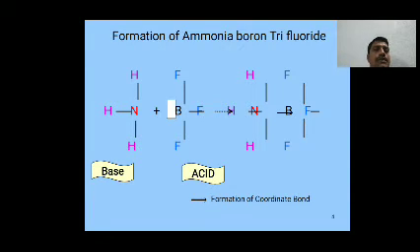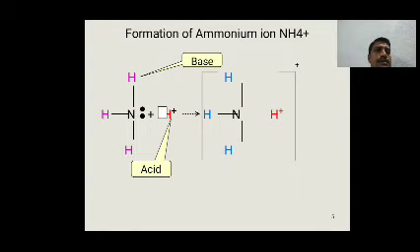Formation of a coordinate covalent bond in ammonium ion. Ammonia has one lone pair of electrons on the central atom, and hydrogen ion has one empty orbital in its valence shell, so it is electron deficient.